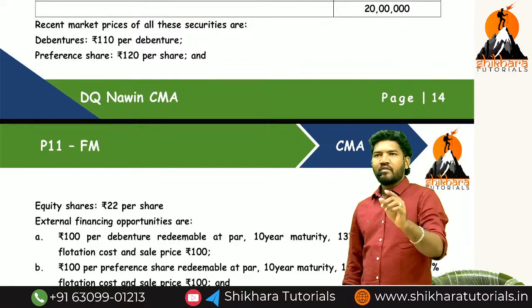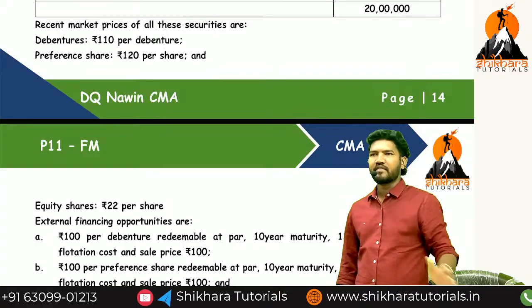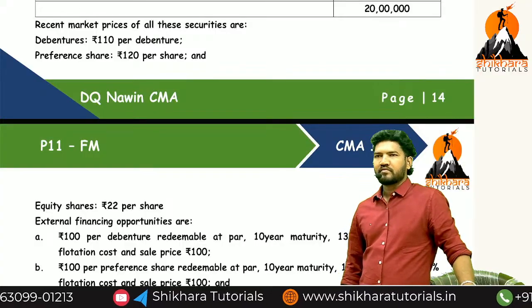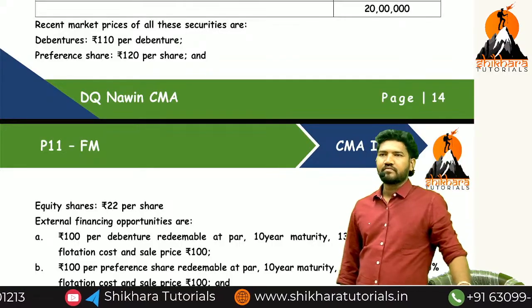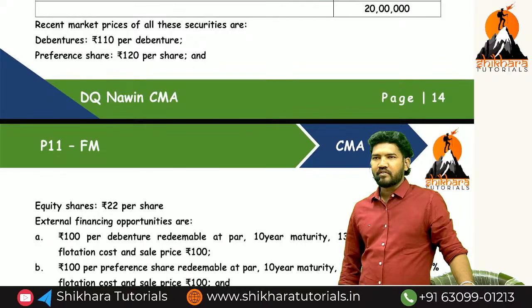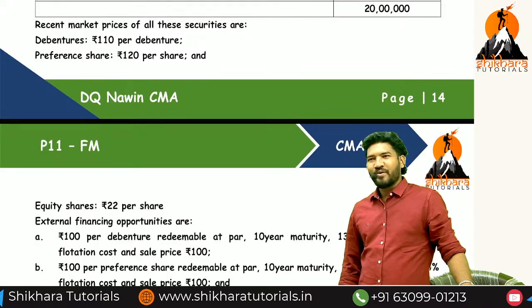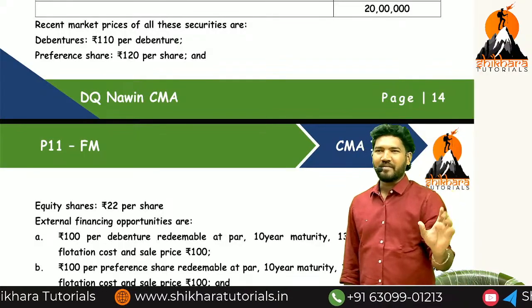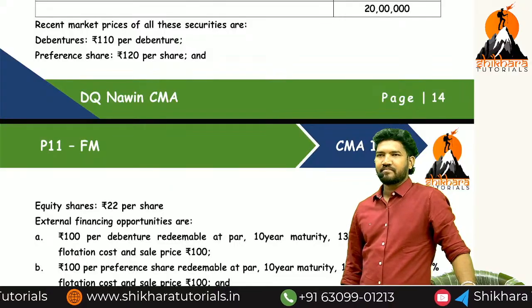Book value is 1000, market price is 970, so it is at a discount. Now if the market price is 1120 or 1200, what about the face value? 1100? You can take whatever assumption you want, but the logical assumption is 1000. Sir, clear, sir?